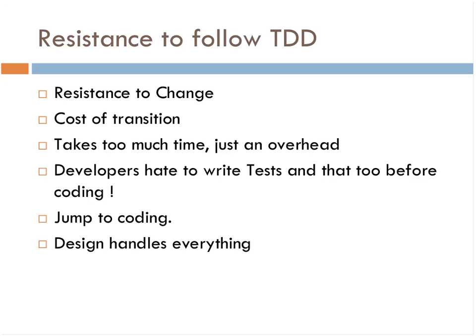And second thing is there's a cost of transition. What basically TDD entails is that you change your whole development mindset. The whole mindset of a developer has to be changed, so that you don't think about the code until and unless you have written the test. That change in mindset is also a threshold that people find difficult to cross.